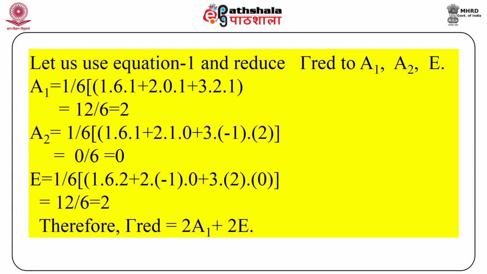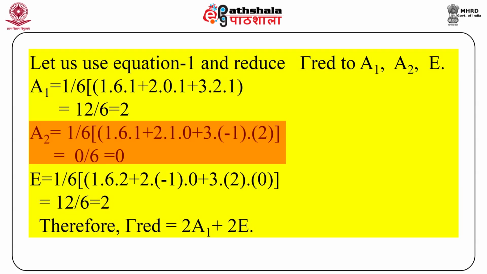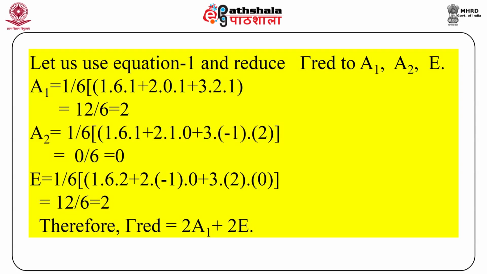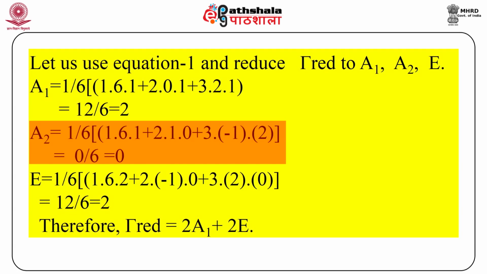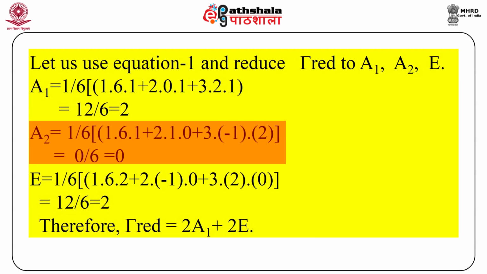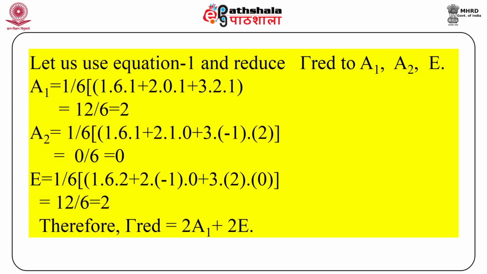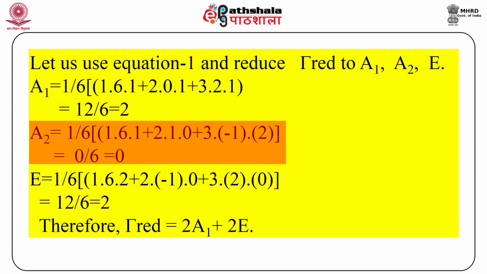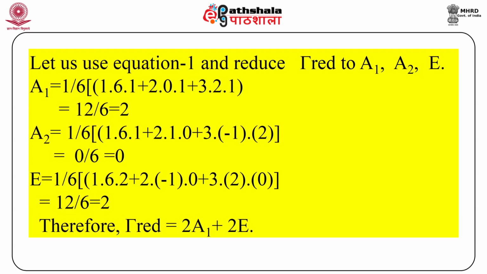For A2, 1 by 6 within bracket 1 into 6 into 1 plus 2 into 1 into 0, 3 into minus 1 into 2, that is 0 by 6 is equal to 0. That is, there is no A2 present in this reducible representation.